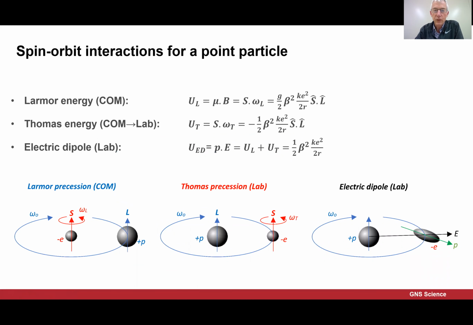So in the first presentation, I outlined the precession interactions from the literature, outlining the Larmor energy, the Thomas precession, and the electric dipole interactions as based on a point particle.